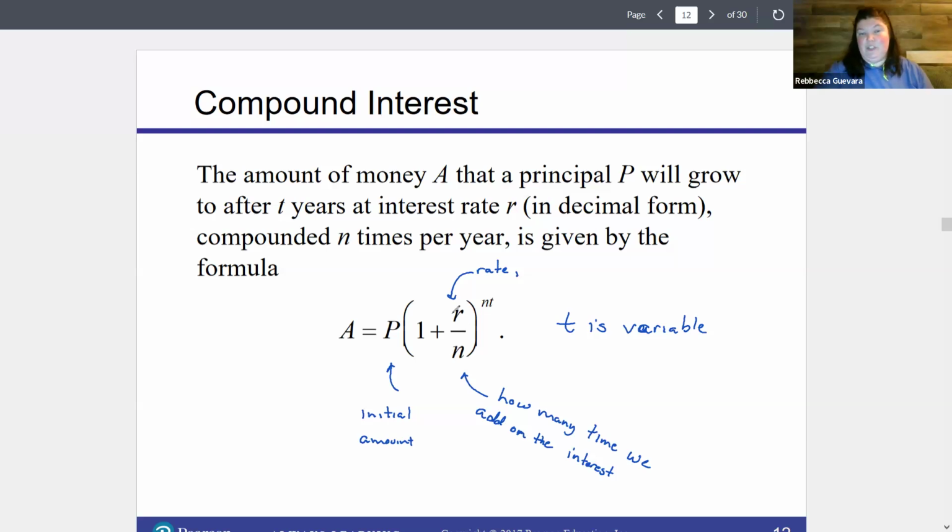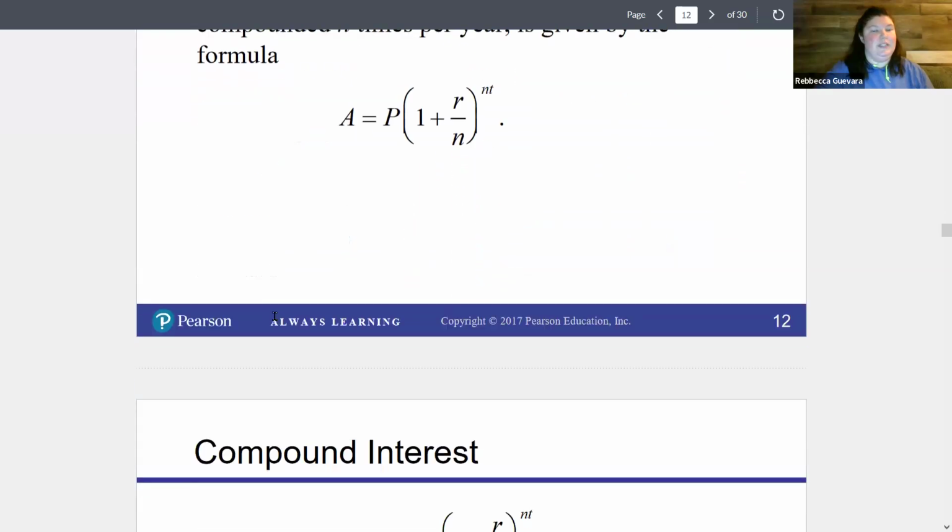One tells us we're splitting the R 12 times, and the other says that in a year, I added it on 12 times. Or if you're doing it every 3 months, so quarterly, then you would divide the rate by 4, and then you would have this 4 to the T. Don't get too worried about this.